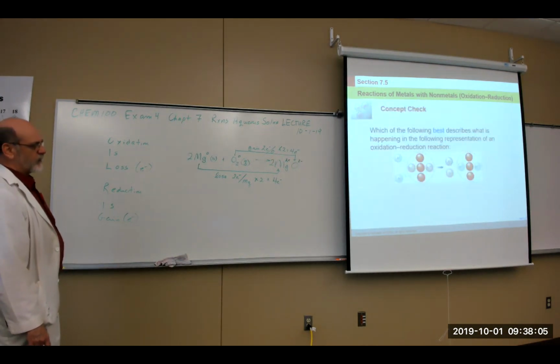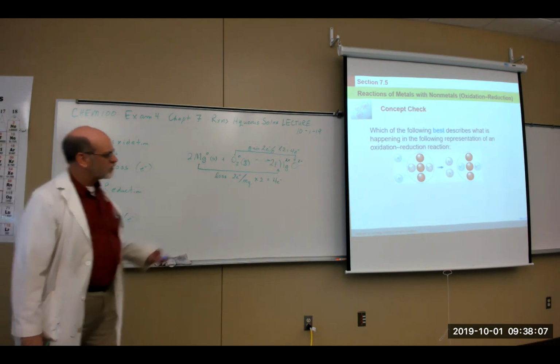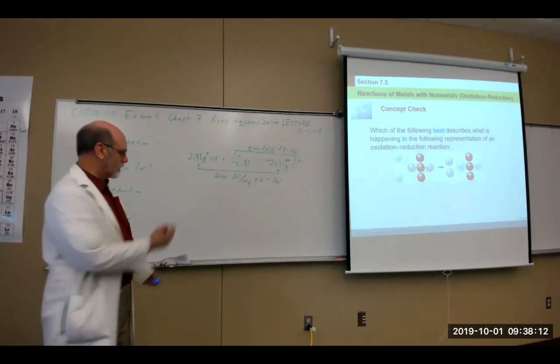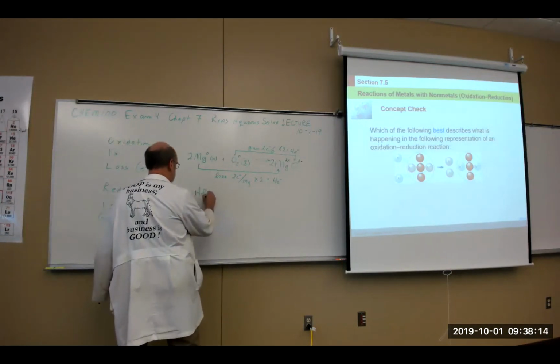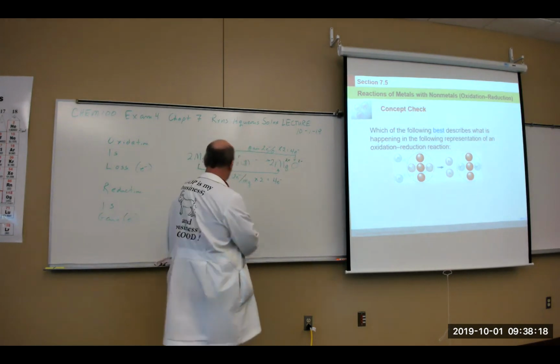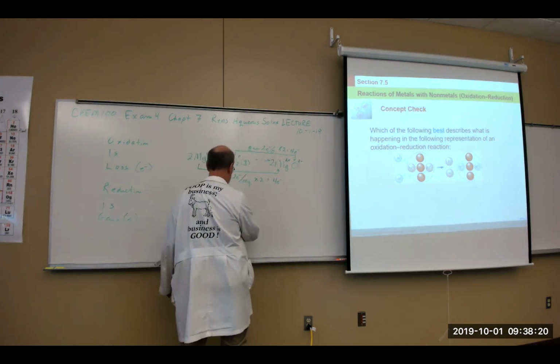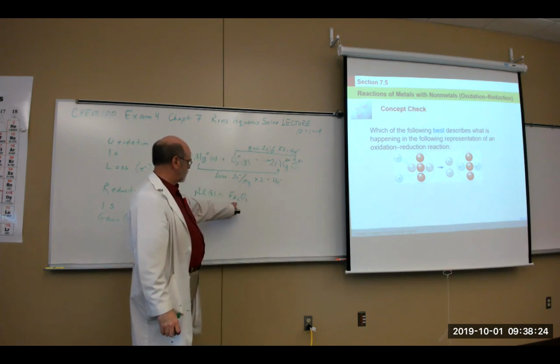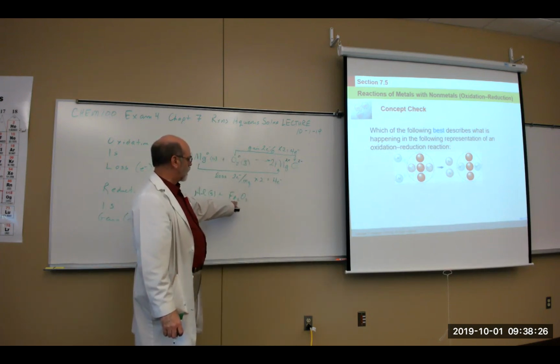This is another example. Aluminum metal and Fe2O3. That would be iron(III) oxide.